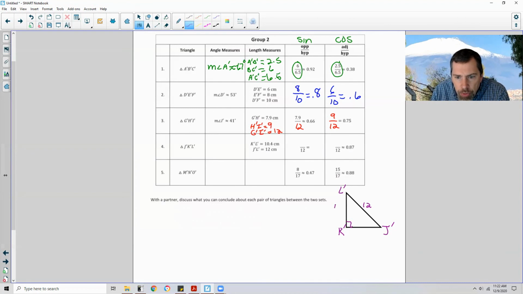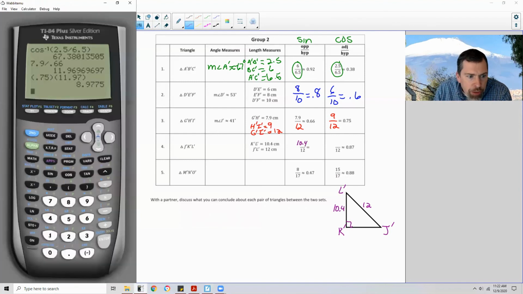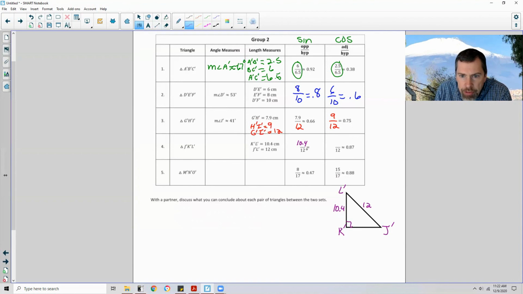KL is 10.4. Well, that's the opposite of J. That's opposite, so that's going to go here. 10.4 divided by 12 is approximately 0.87.